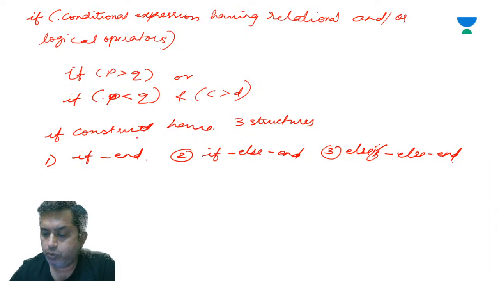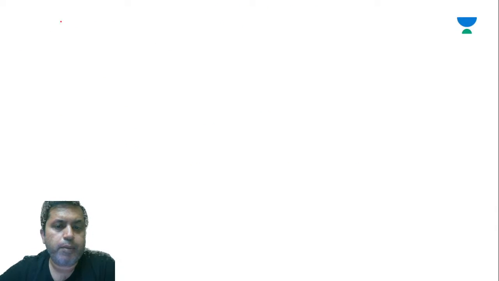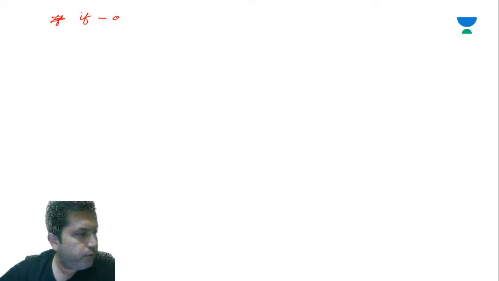So we'll see the construct diagrammatically, or rather say the if and construct.